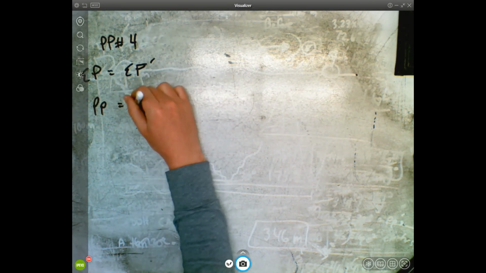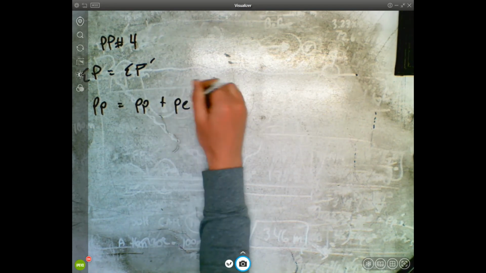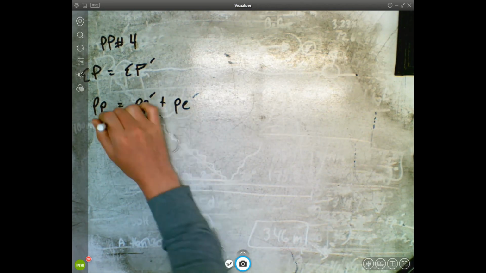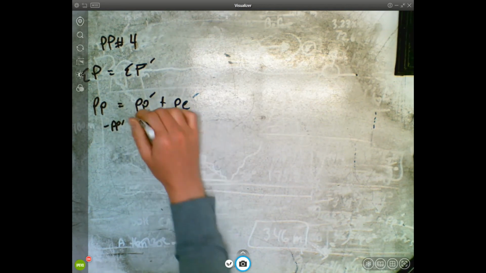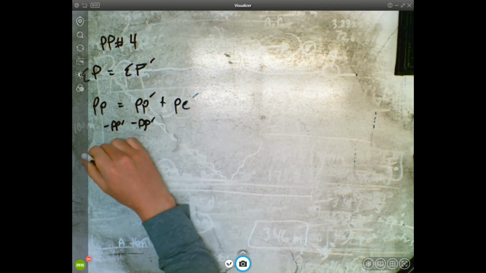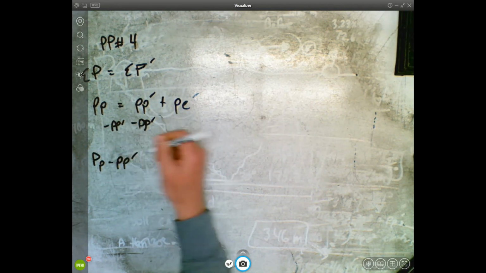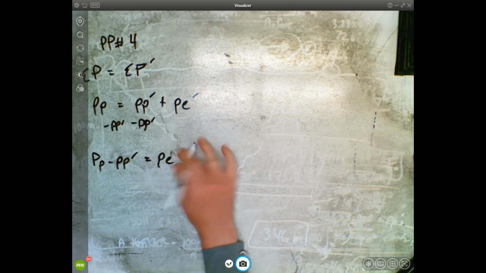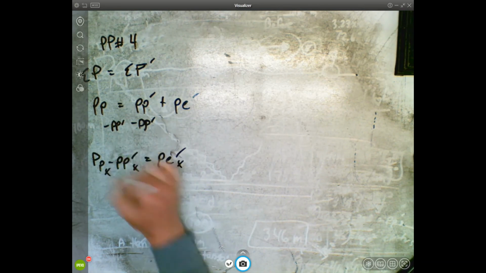And then after, we have photon momentum, and we have electron momentum after. And we want to find the magnitude of the momentum of the electron. So we'll subtract the momentum of the photon after from both sides. So we get momentum of photon before minus momentum of photon after is going to equal the momentum of our electron after. We have to do this all in the x first, and we have to do it in the y.